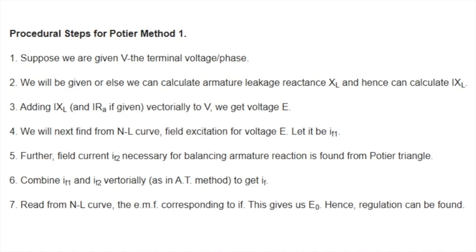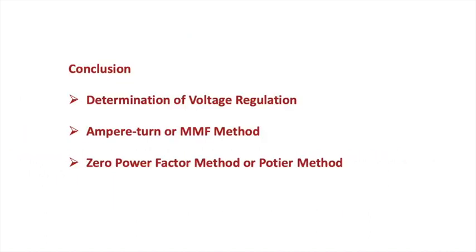Further, the field current IF2 necessary for balancing the armature reaction is found from the Pottier triangle, and combining both the field currents as in the ampere turns method, we get the total field current, and from the no load curve the EMF corresponding to this gives us the E0, that is the induced EMF at no load, and hence the regulation can be found.